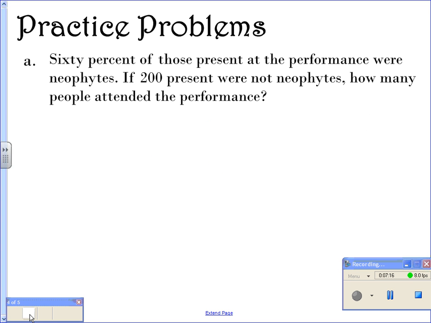See if you can do this practice problem. 60% of those present at the performance were neophytes.